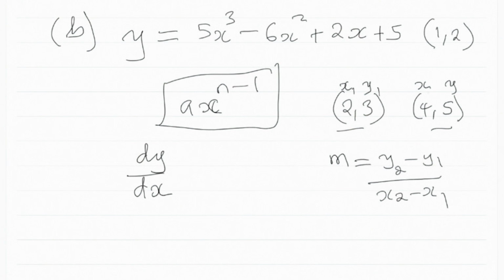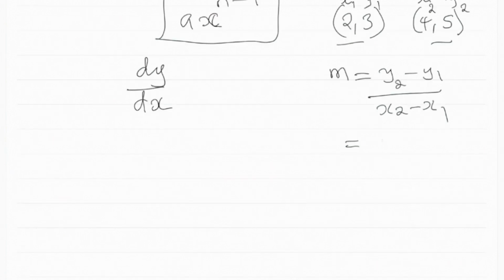Right. So now we simply substitute: y2 according to the given question is 5 minus y1, 3, everything over x2 is 4 and x1 is 2. From there, 5 minus 3 we have 2, over 4 minus 2 we have 2, and 2 into 2 we simply have 1.